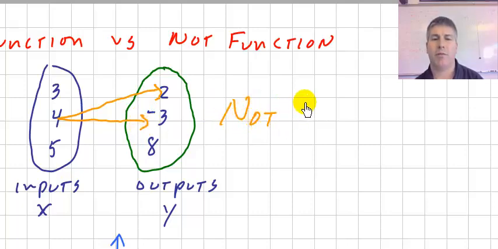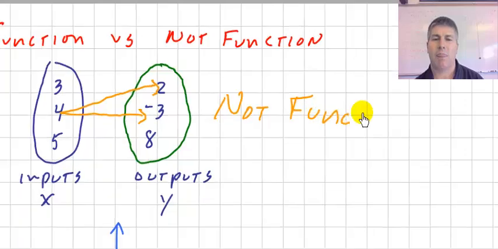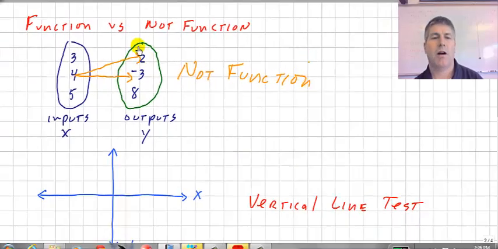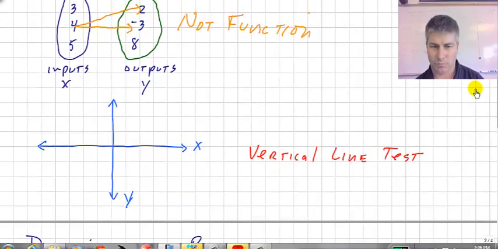That's an example of something that's not a function. Okay? Because I've got different outputs for the exact same input. I can input 4, I don't know if I'm going to get a 2 out or a -3 out. That's not good. There's some ambiguity there. That is not a function.